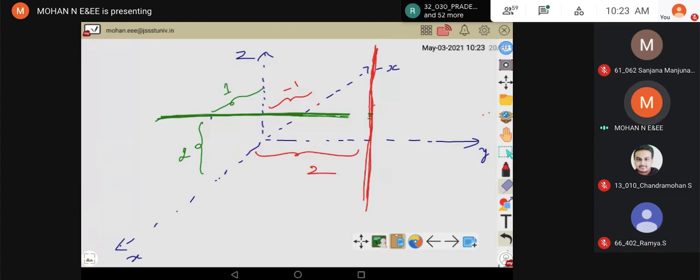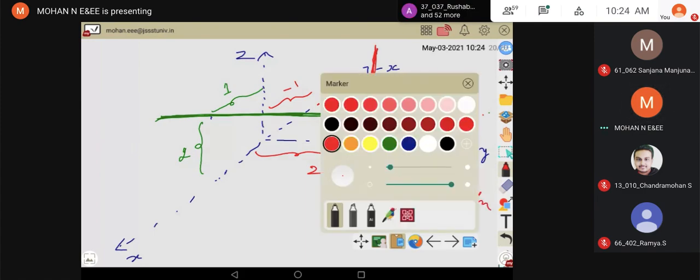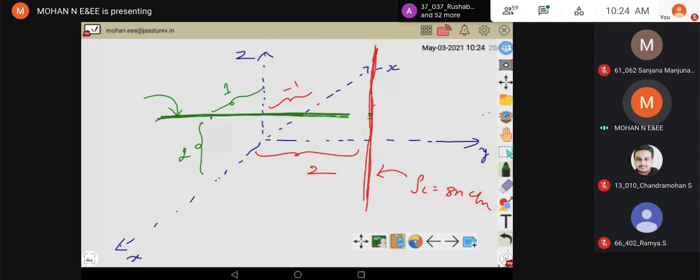It is understood that it is infinite. Now rho L is given as 8 nanocoulomb per meter, and this one also has rho L of 8 nanocoulomb per meter.